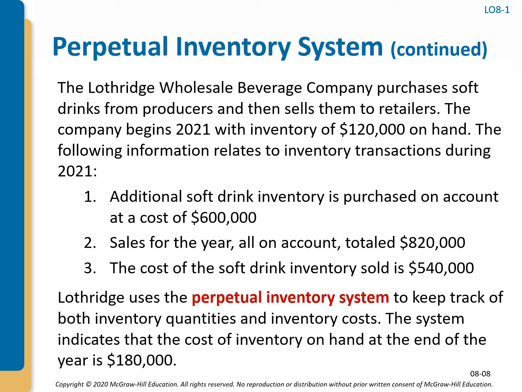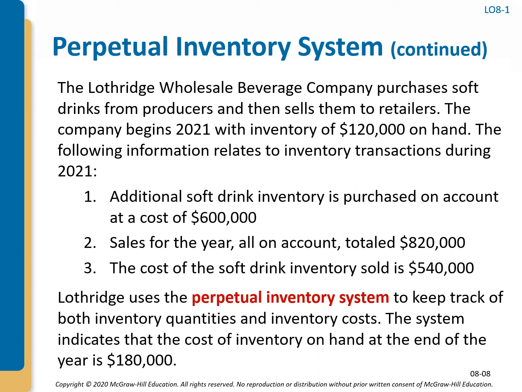Here is an example of the perpetual inventory system. The Lothridge Wholesale Beverage Company purchases soft drinks from producers and then sells them to retailers. The company begins 2021 with an inventory of 120,000 at hand, and the following information relates to inventory transactions during 2020.